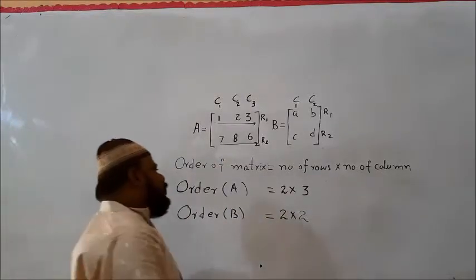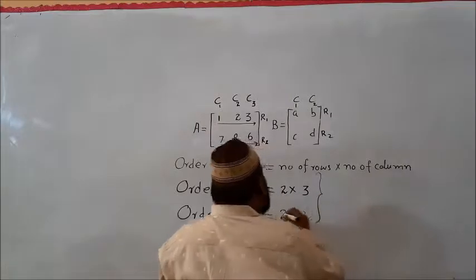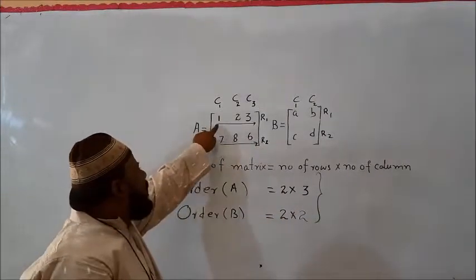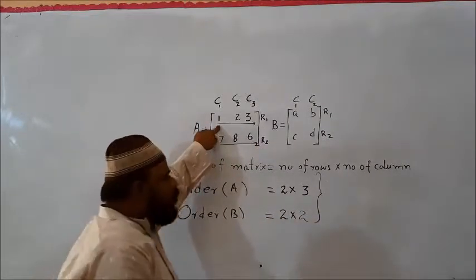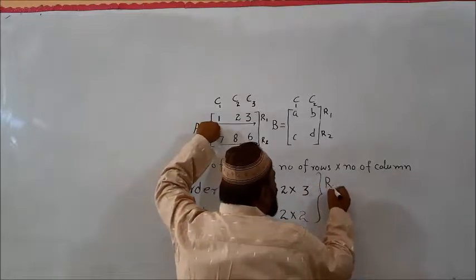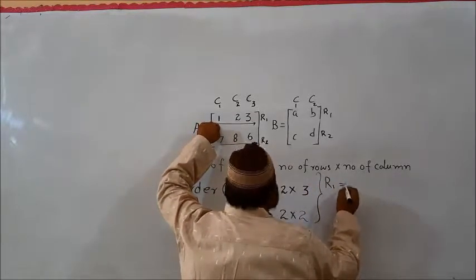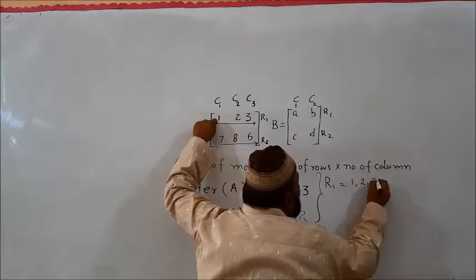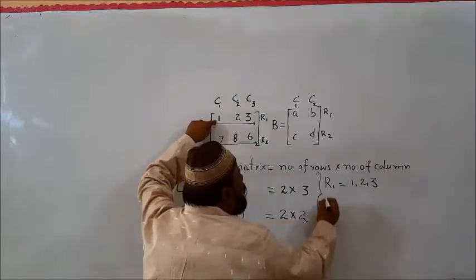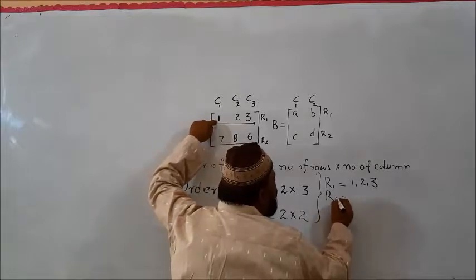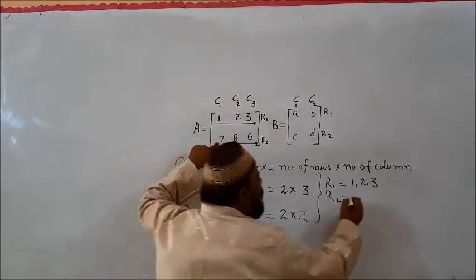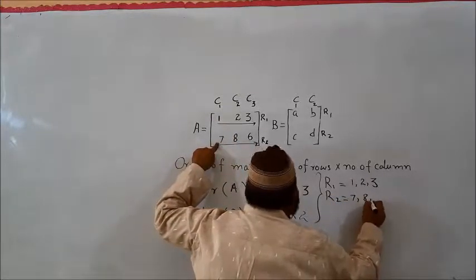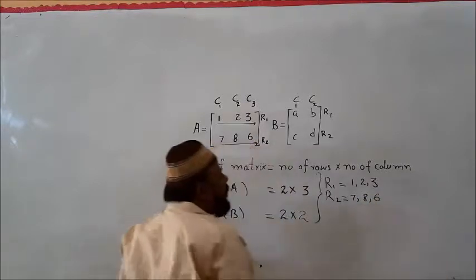Anybody asks you how many elements in first row? So first row, row number 1, elements 1, 2 and 3. Second row elements, 7, 8, 6.